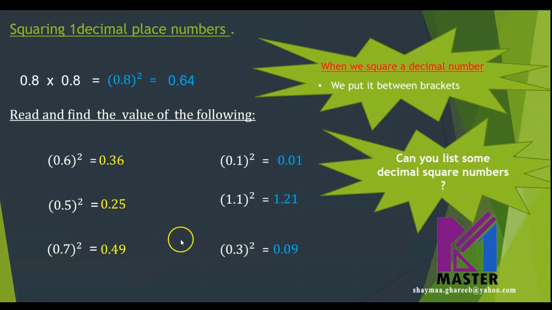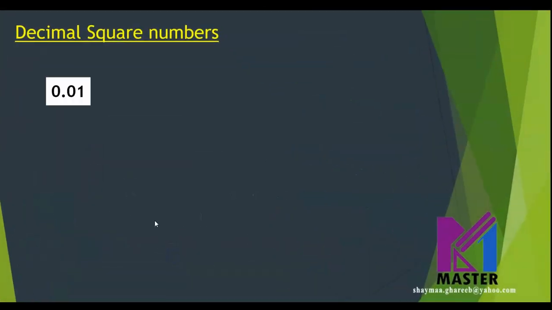Now let's list some decimal square numbers. The first one, when I square 0.1, it will give me 0.01. If I want to square 0.2, it will give me 0.04. What do you notice here? It's the same as the perfect square numbers, but the only difference is that it has 2 decimal places.